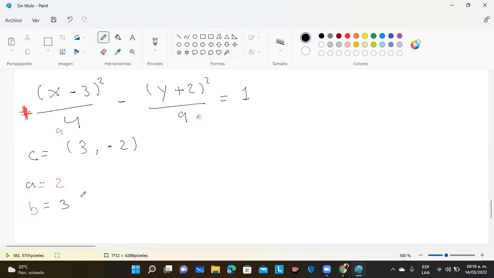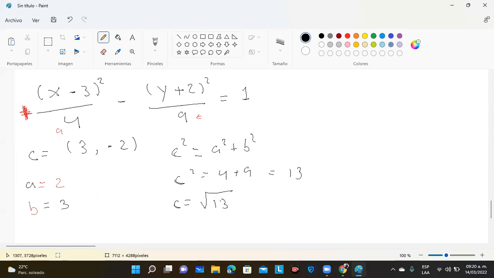Now let's find c. Okay, c squared is going to be equal to a squared plus b squared. So c squared is going to be equal to 4 plus 9, because those are the squares, which equals 13, and c is going to be equal to the square root of 13.